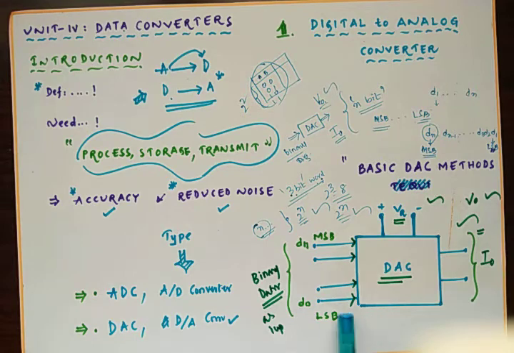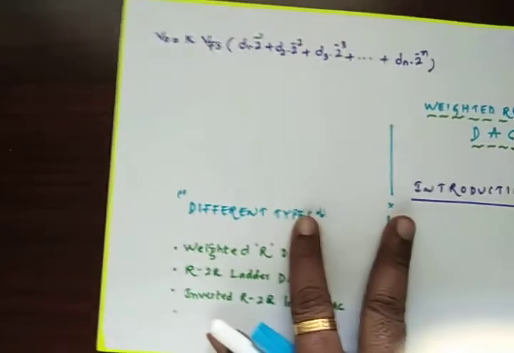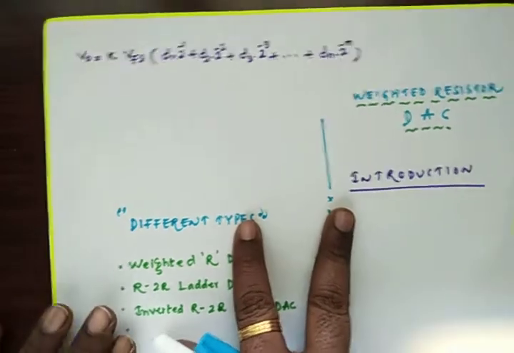It accepts inputs in the form of binary data, and it is able to provide the output either in voltage or in current. To make the conversion, we apply a reference voltage, that is VR. Now I am going to explain the relation between the output voltage, the input signals and the reference voltage with an equation.